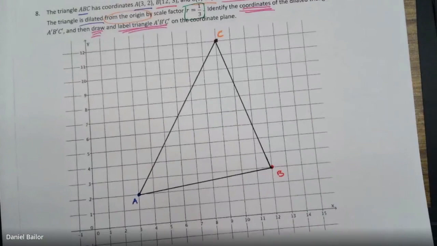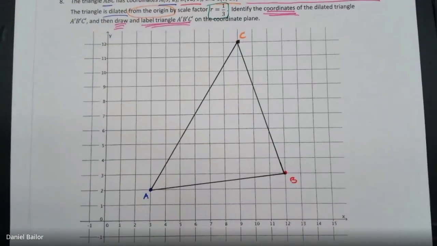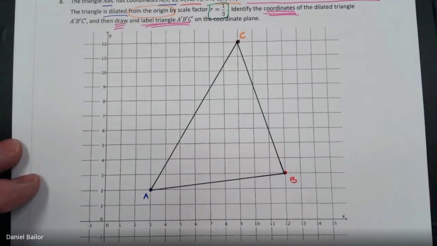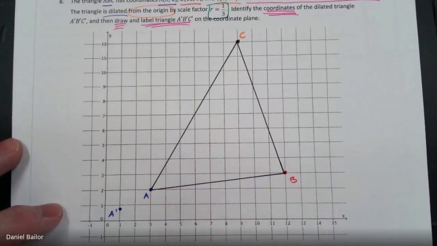So let's go back up to our graph. A prime, our new coordinates were 1 and 2/3. So we do 1 on the x, 2/3 on the y, and that is where we put A prime. B prime, the coordinates are 4, 1, which is 4 on the x, 1 on the y.